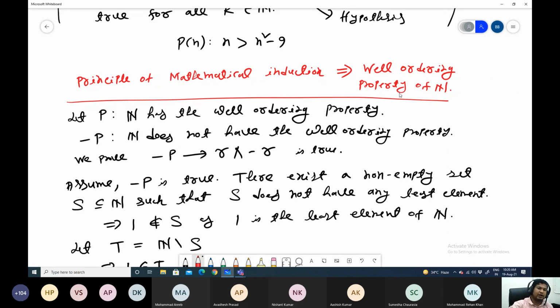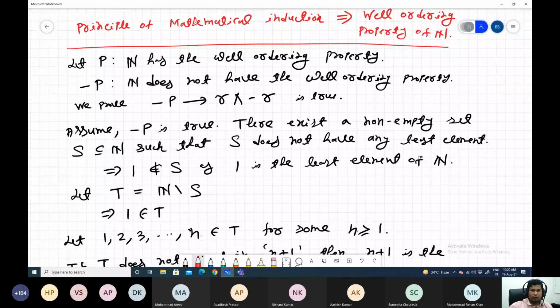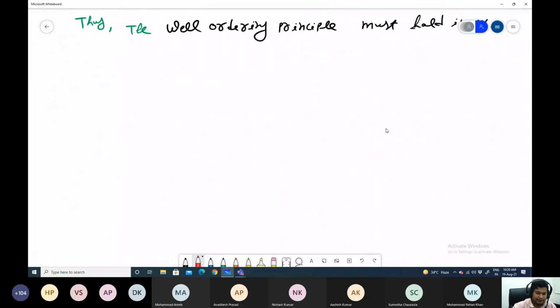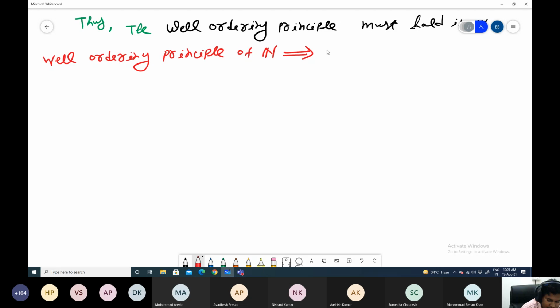And then you prove the mathematical induction by the Euler-Ring principle of N. So now this is the main part. Euler-Ring principle of N implies the principle of mathematical induction.